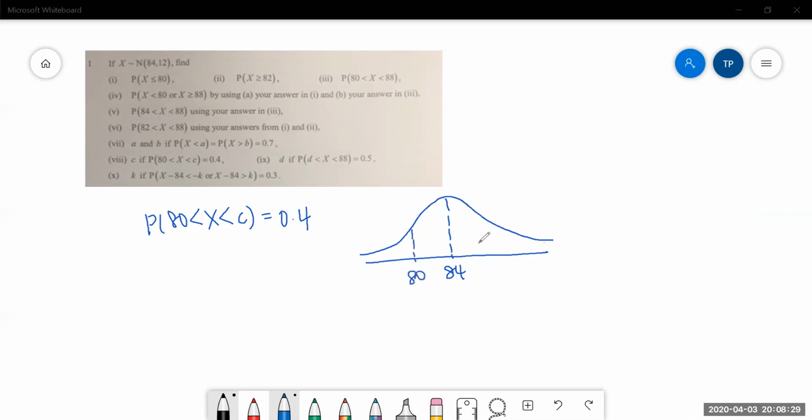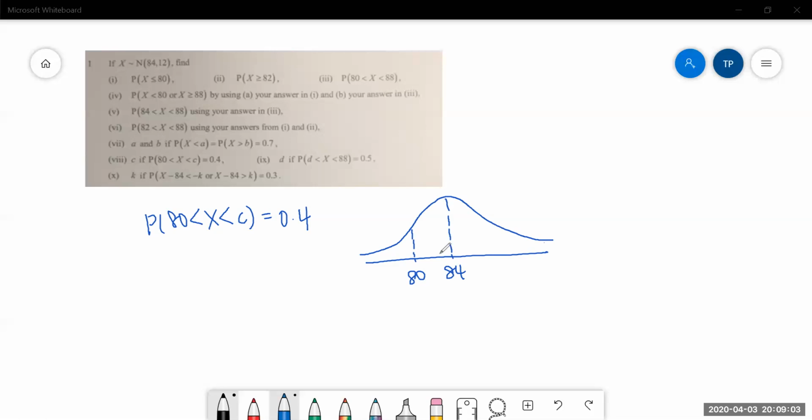This is 80. So we don't know where C is. It must be lesser than 84. How do you know? Because it's less than 0.5. But how do you know? Okay, it doesn't work like that.